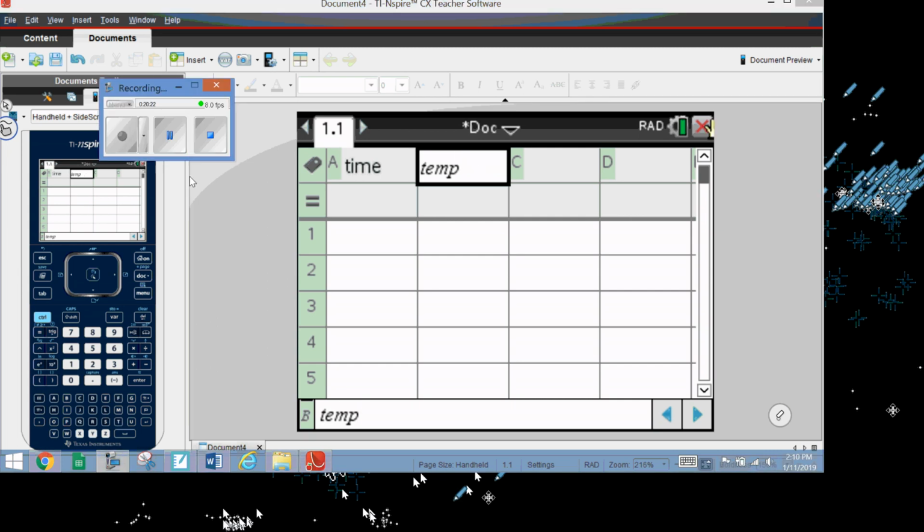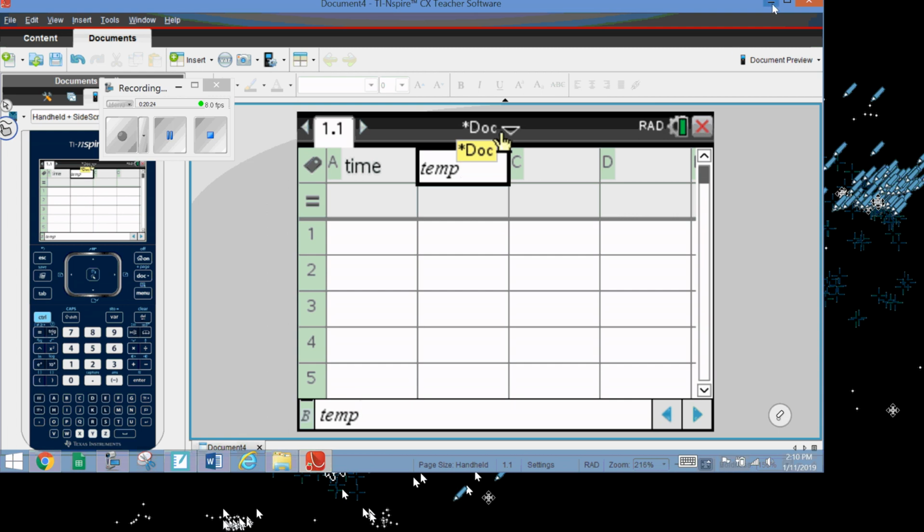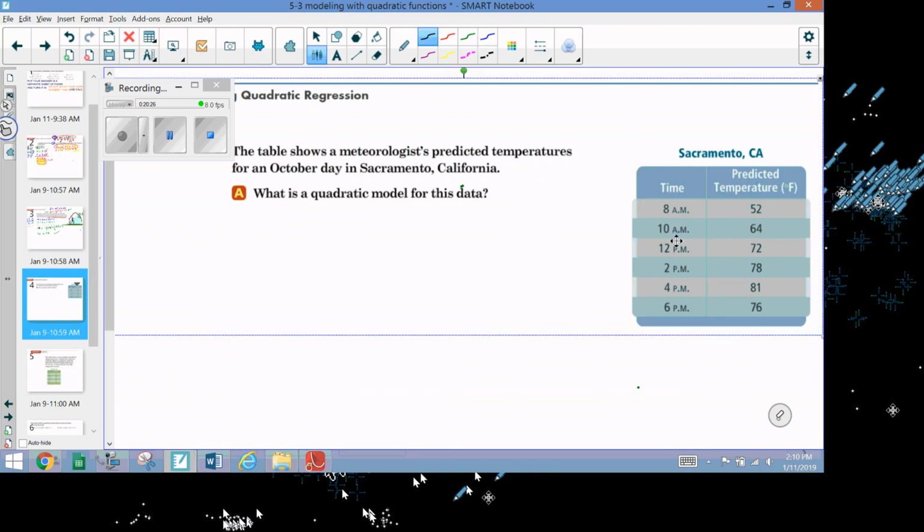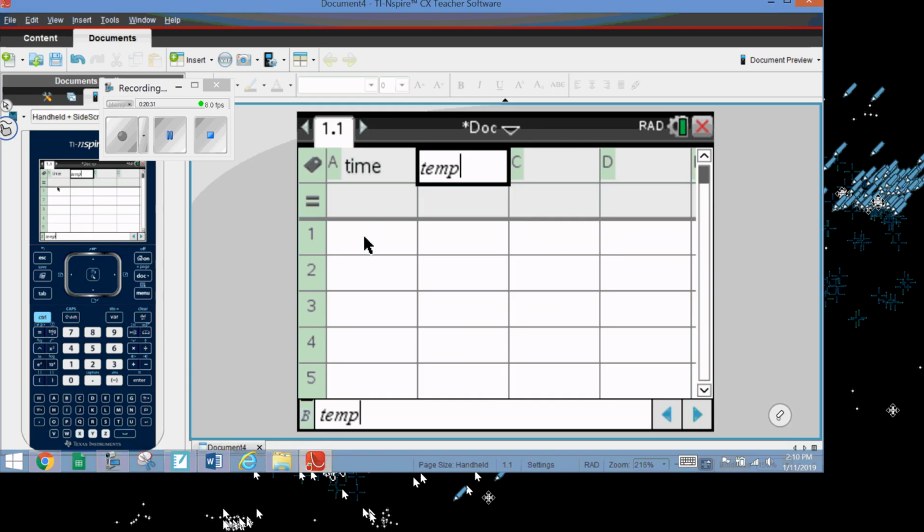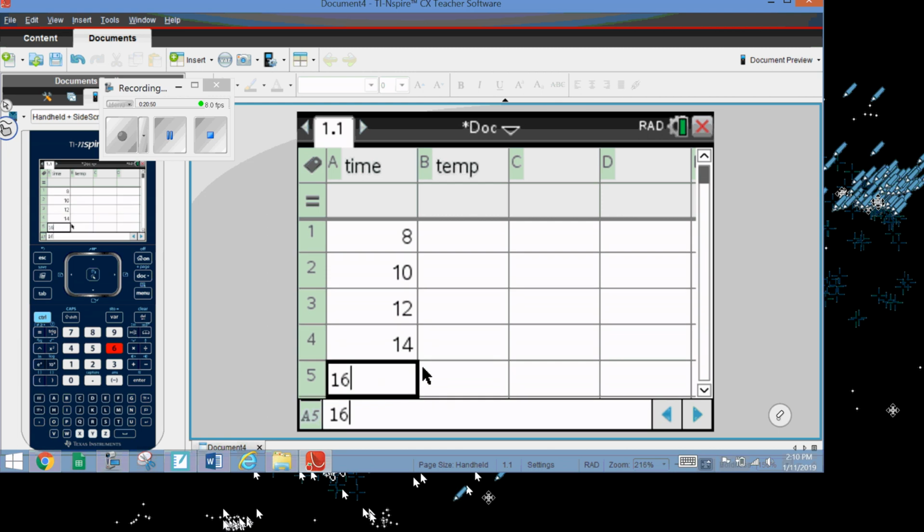Okay, next we're going to put those numbers. 8, 10, 12. 8 a.m., 10 a.m., 12. What is next? 2, 4, 6. I cannot put 2 here because 2 is 14, 4 is 16, and 6 is 18.